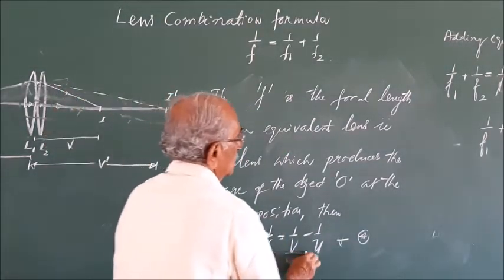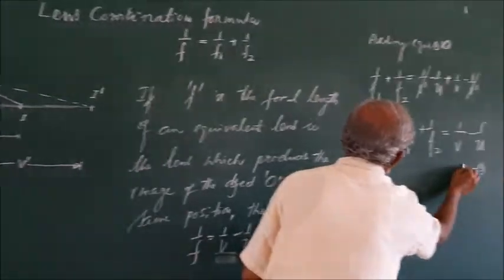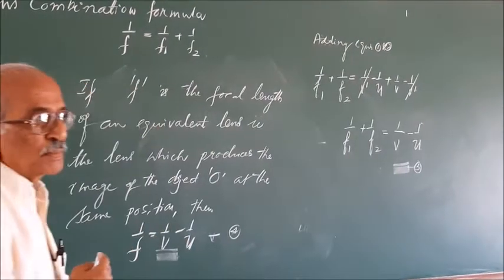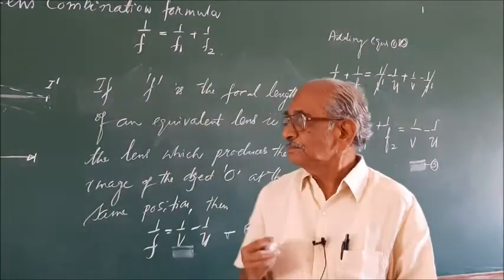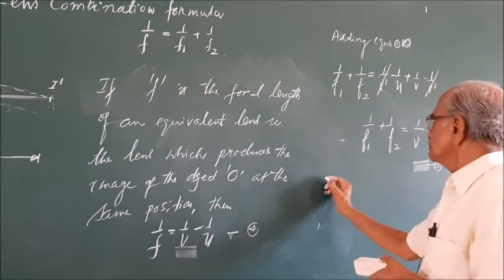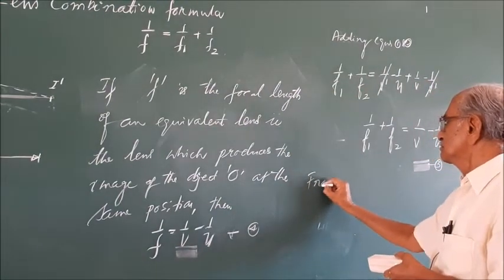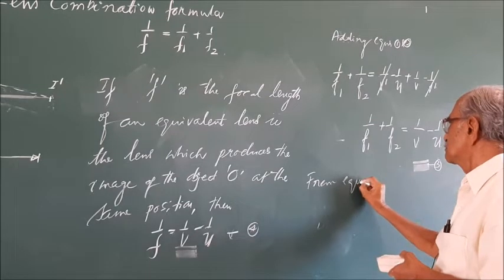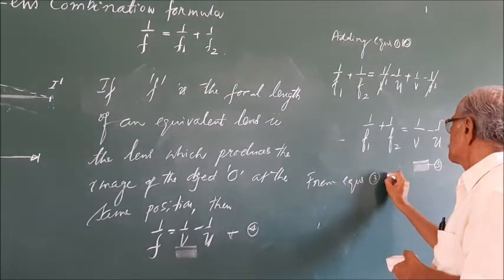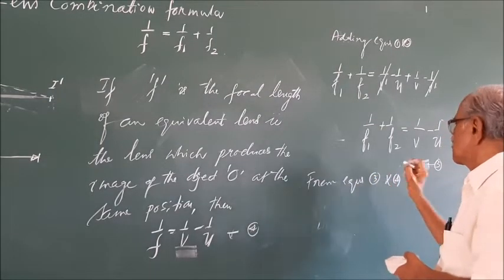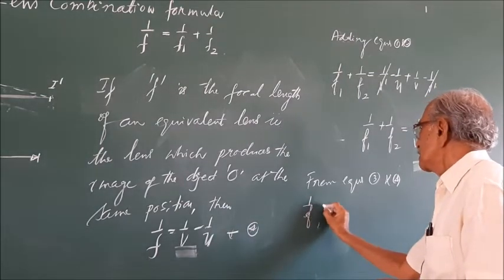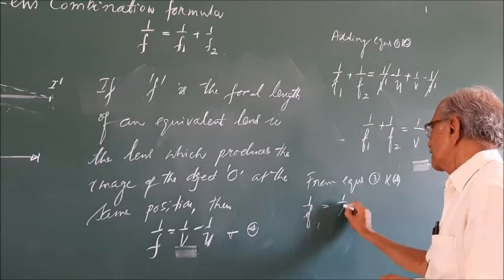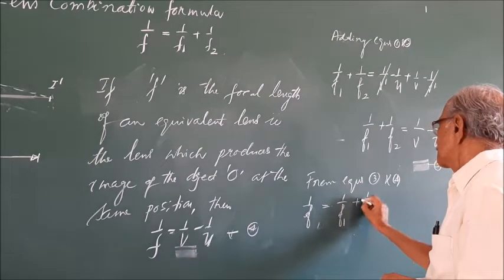Compare equations 3 and 4. Comparing equations 3 and 4, we have 1 over f is equal to 1 over f1 plus 1 over f2.